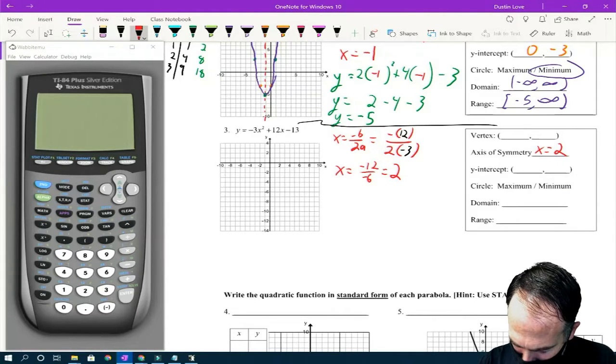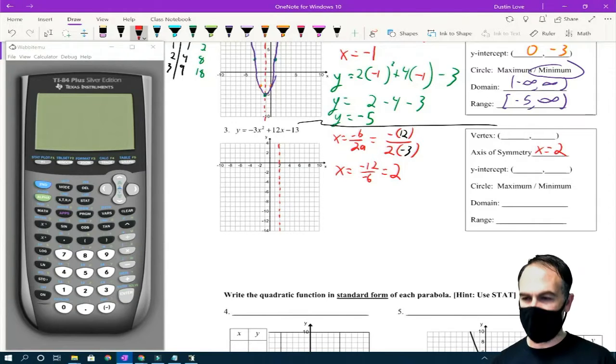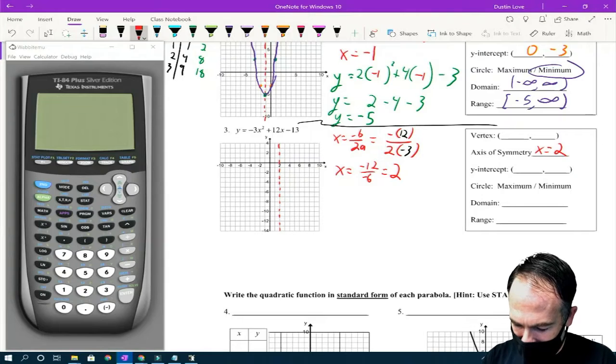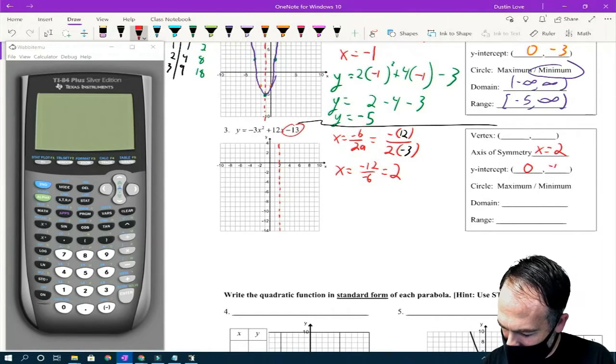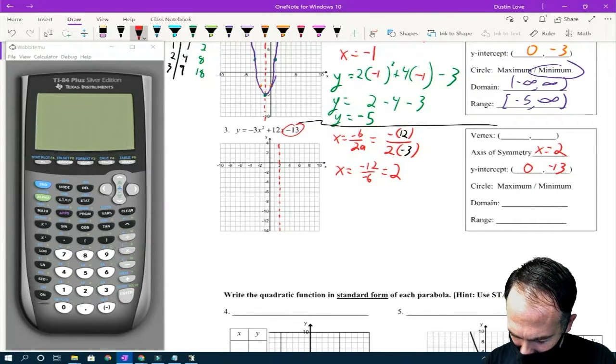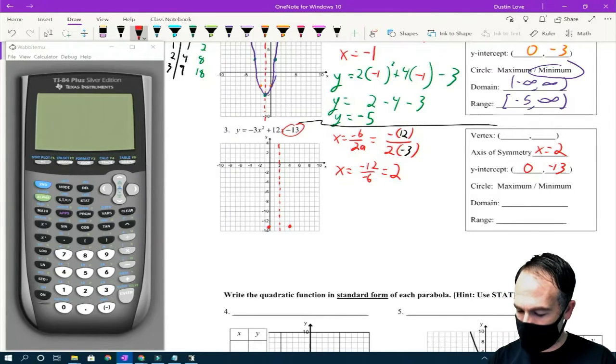Go over to +2 and draw it. Y-intercept is going to be -13. So I'm going to go ahead and plot that point and go ahead and reflect it over just because I'll save myself some trouble later.